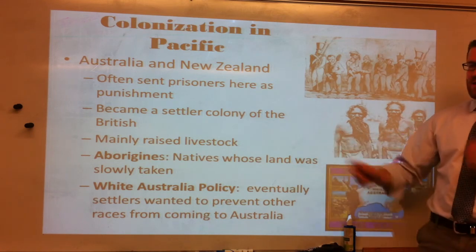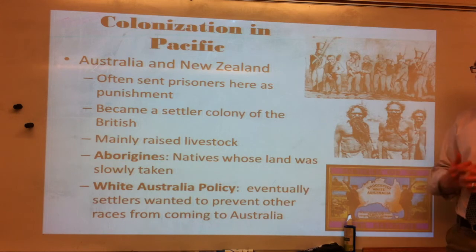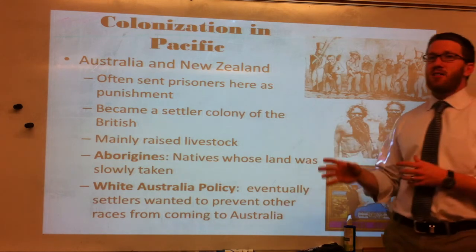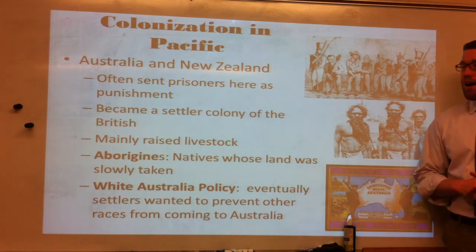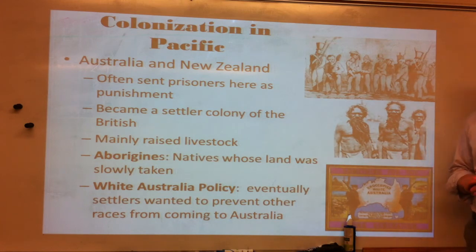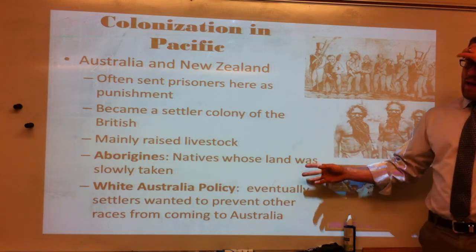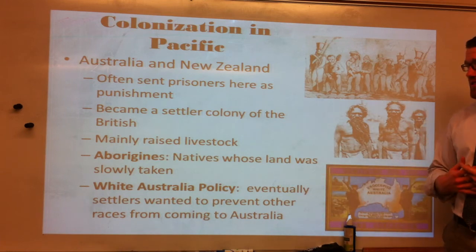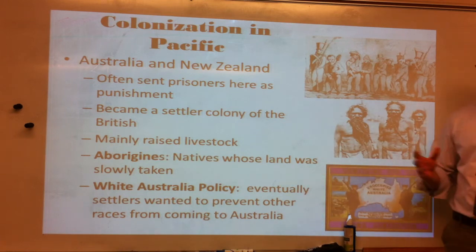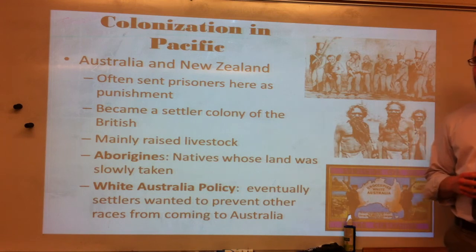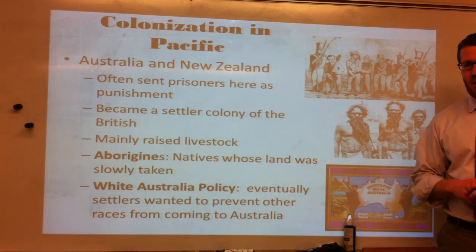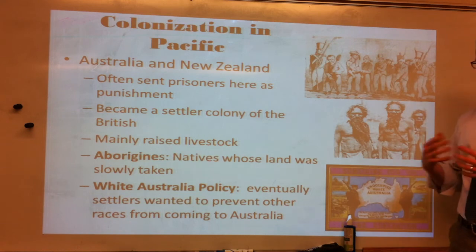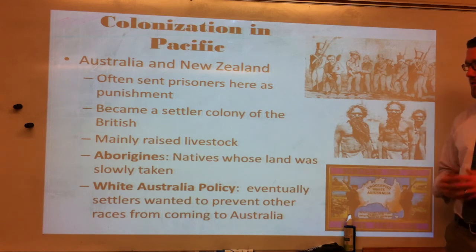But eventually, as more and more people started going there, it became a settler colony, and most of the settlers raised livestock and cattle that could be shipped back to Europe for meat. But the Aborigines, the local natives in Australia, had their land slowly taken from them. Some of them assimilated into the European population and adopted European culture, but most of them just died out.